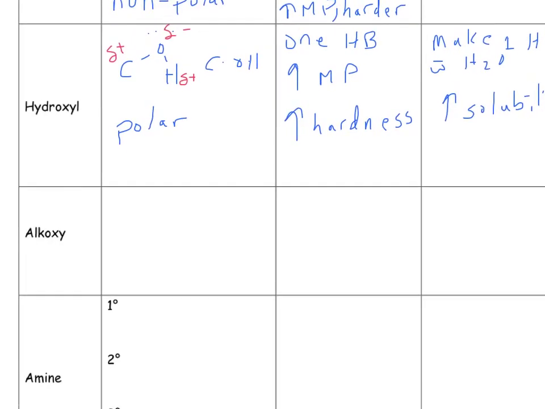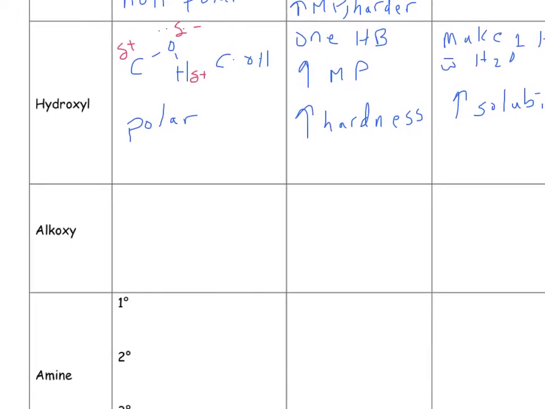The next functional group is known as an alkoxy functional group. It occurs when you have an oxygen that is single bonded to two carbons. Because you have polar CO bonds, you'll have slight charges, which makes your compound polar.